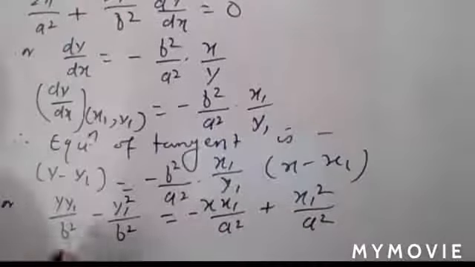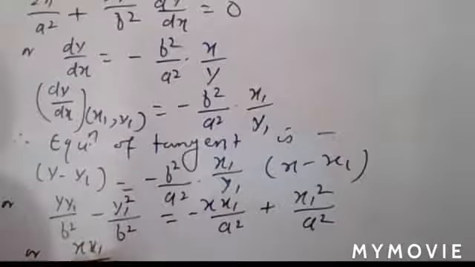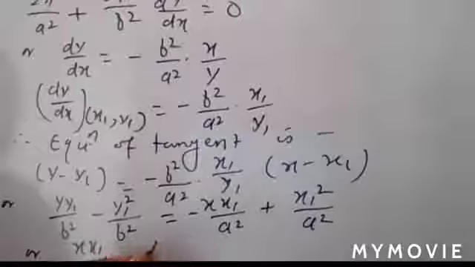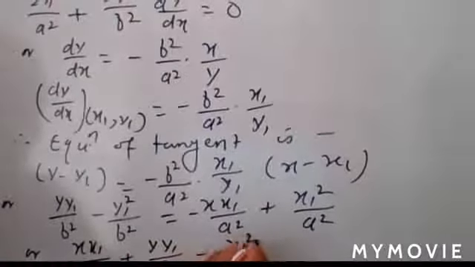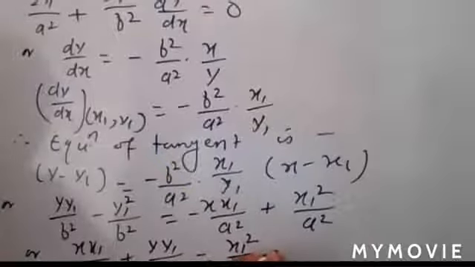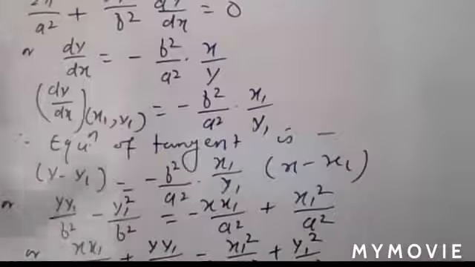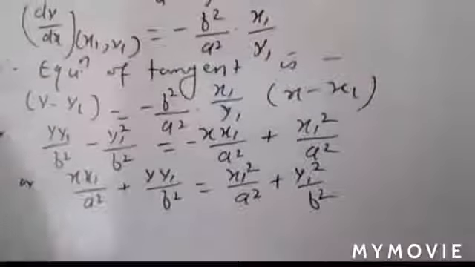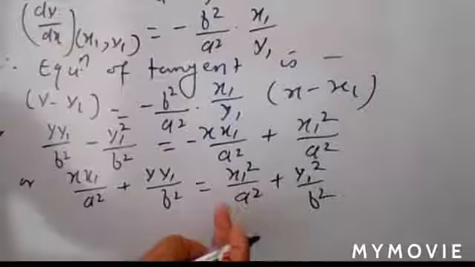Okay. Now, this can be written as x x1 upon a square plus y y1 upon b square is equal to x1 square upon a square plus y1 square upon b square. You can rewrite this in this way. And just see your equation three.